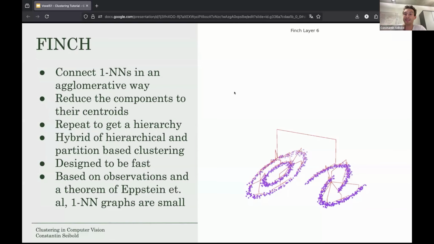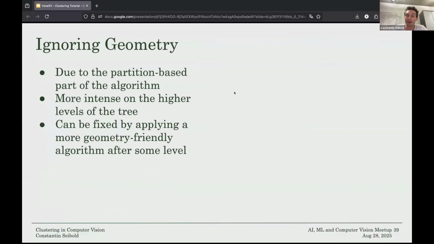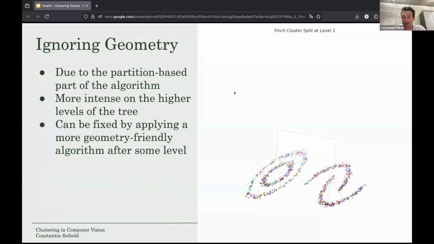Let's go over the issues. What can go wrong? We ignore geometry. So, for example, we have the same issue that partition-based algorithms have, which becomes more extreme in higher levels of the tree. Because, well, we now merge, you can imagine it like merging these types of ellipsoids together.